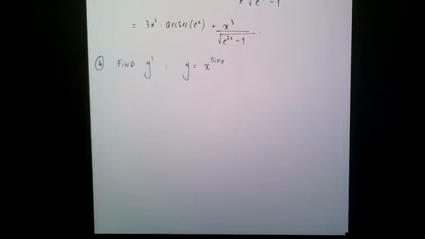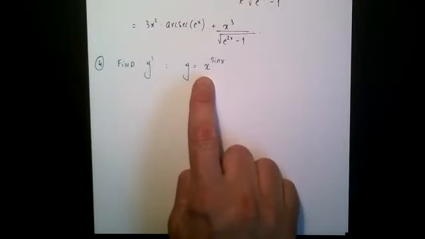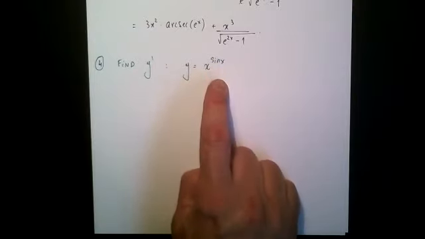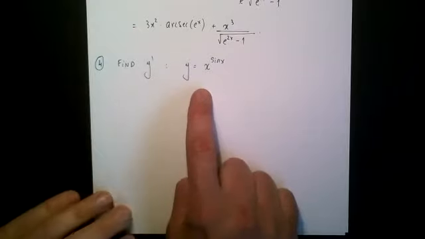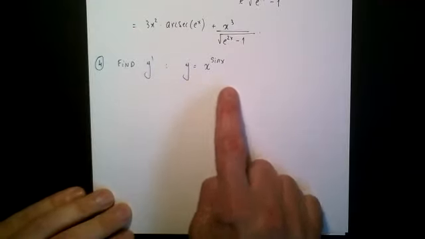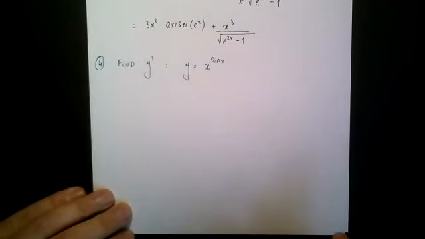Now we have a problem because we have an x in the base and we have the x in the exponent. So I don't know whether to use the power rule or whether to use an exponential. I'm stuck here.